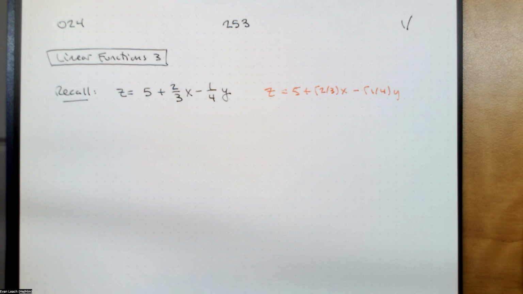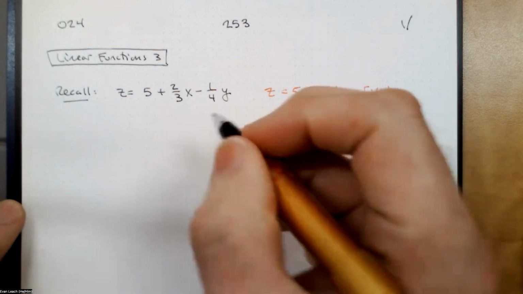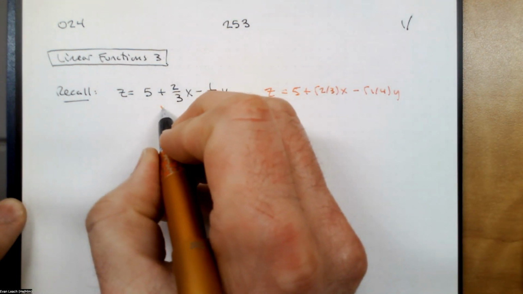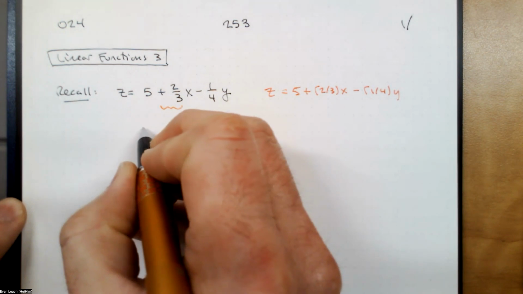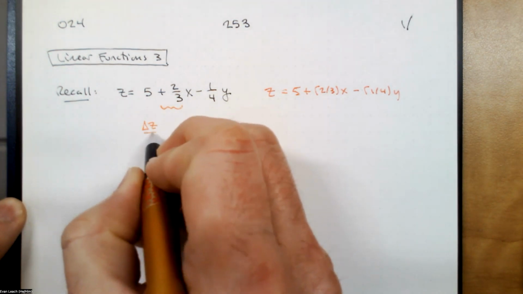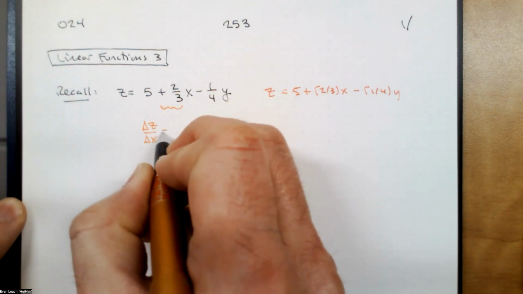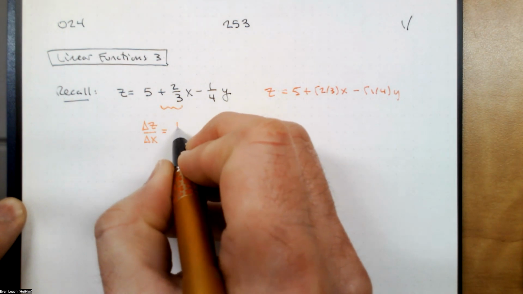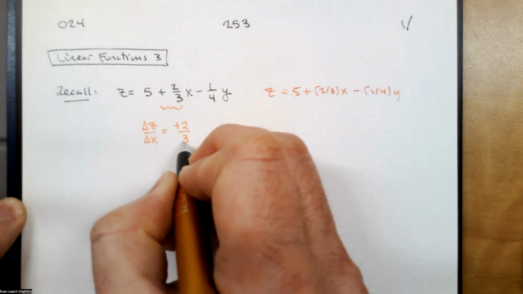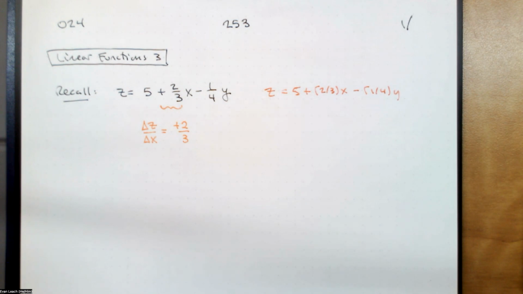So this 2/3 was one of our slopes. The change in z with respect to x. So the change in z is in the x direction. Every row on that table, we saw that z increased by 2 whenever x increased by 3. That was all the rows on the table.